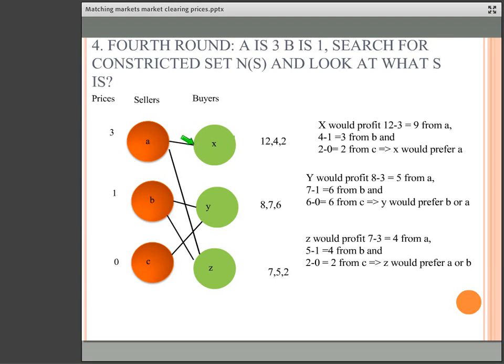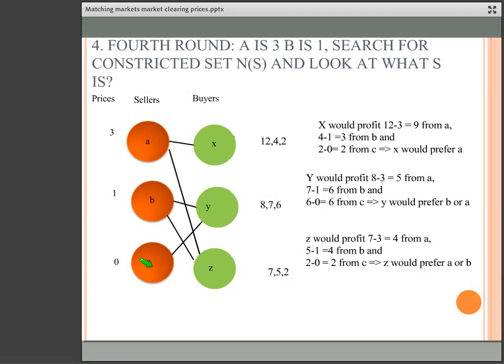One thing which is clear is that you would give X A, therefore you cannot give Z A, you would have to give him B, and since you cannot give Y B, you would give Y C, so this would be optimal market clearing prices.